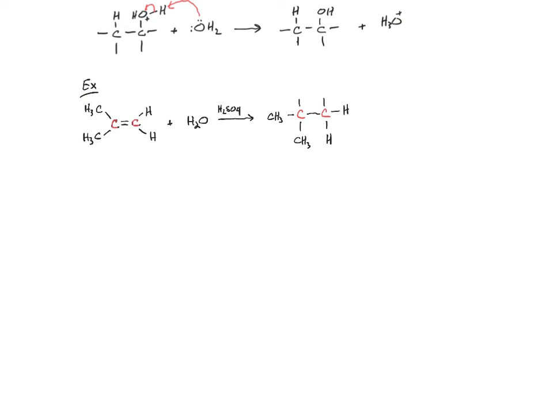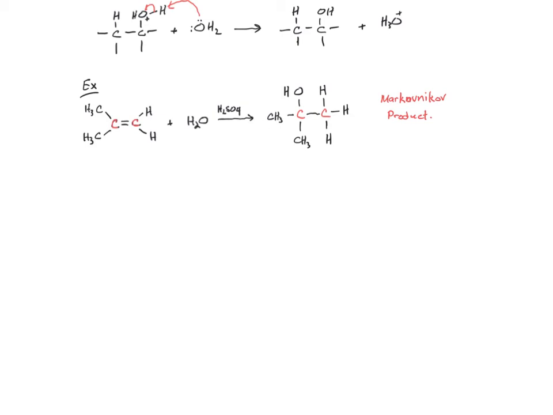The H is going to go to the carbon that has the most hydrogens already, which is the carbon on the right. The OH is going to wind up being put on the most substituted carbon, which is the carbon on the left. So again, we have to abide by Markovnikov's rule. We call this the Markovnikov product. Incidentally, you can have an anti-Markovnikov product, and we'll talk about that a little bit more as we proceed.